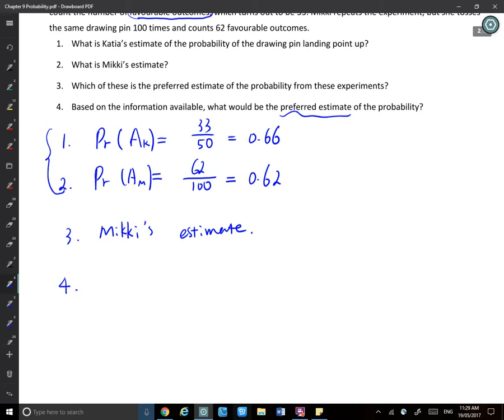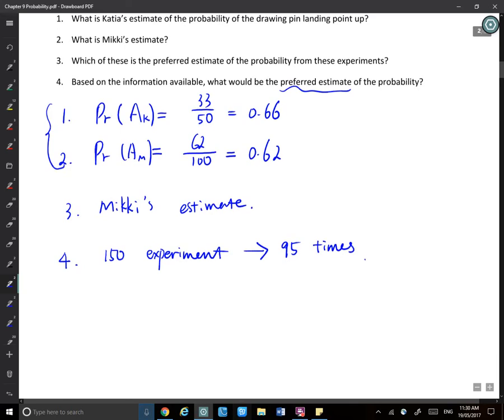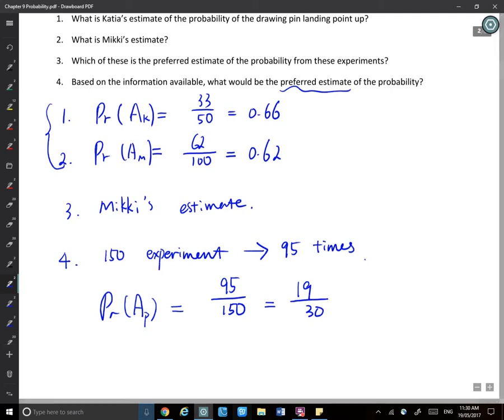They separately did 50 and 100 times, but in total they made 150 experiments, and favorable outcomes were 95. Then the even more preferred probability of event A, P preferred, equals 95 over 150, which is 19 over 30.